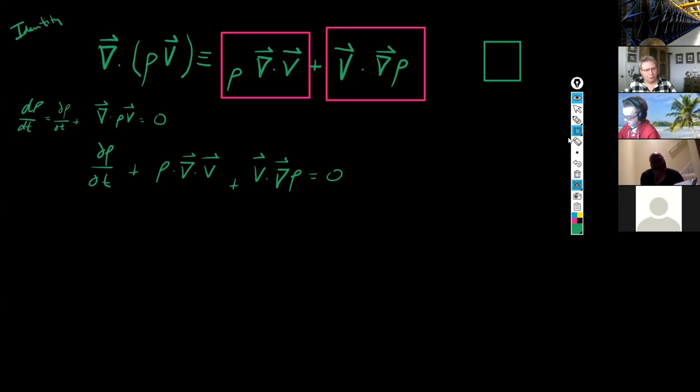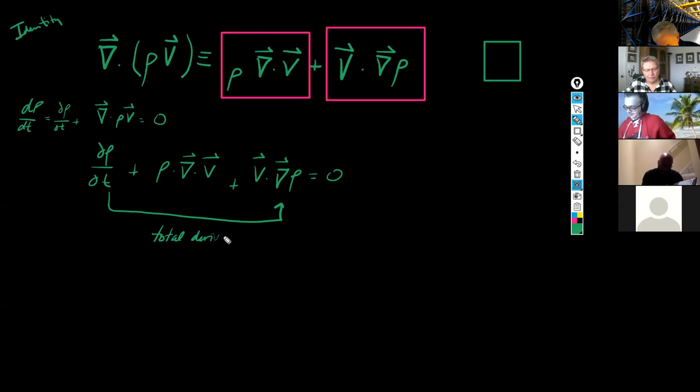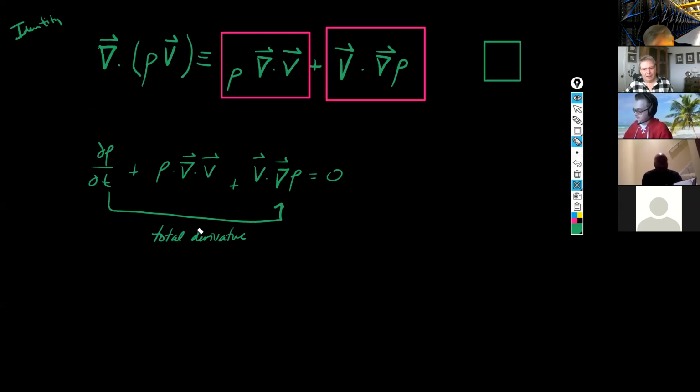So what we can say is this. This plus that is the total derivative. Oh, here, I did this wrong. Guys, I'm sorry. I'm just going to admit this is a mistake here. That's the total derivative of density.